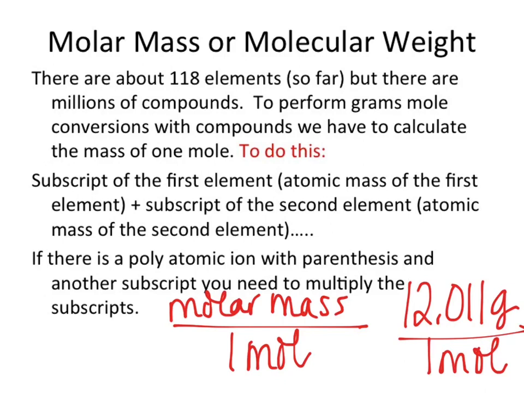And so we can always say the molar mass, which is grams over 1 mole, or it can be 1 mole over however many grams it is, depending on what we're looking for. Like yesterday, we could flip Avogadro's number over 1 mole depending on what we're looking for. We're doing the same thing today.